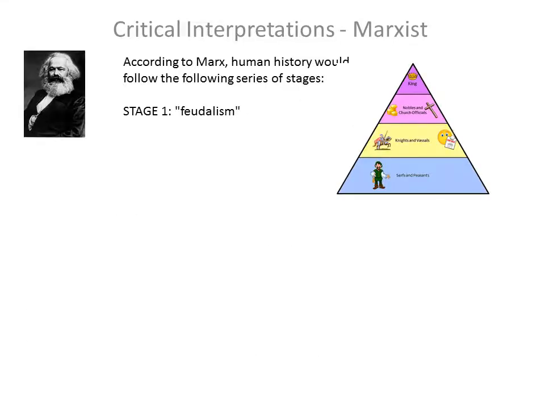According to Marx, human history follows certain stages in society. Stage one he saw as feudalism, one of the more basic forms that society was organised into. That would have had the king at the top with absolute power, such as in the play Macbeth, which is set in medieval Scotland.